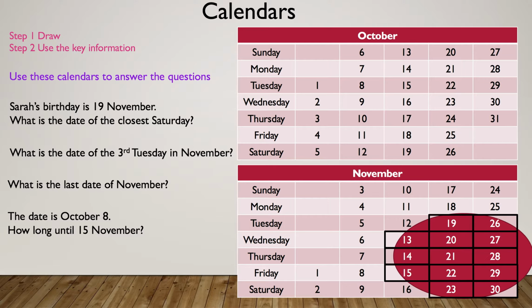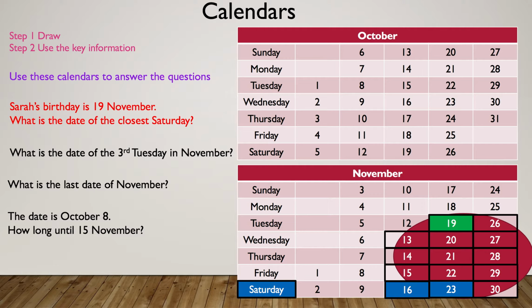Now let's take a look at the first question. Sarah's birthday is the 19th of November. What is the date of the closest Saturday? Let's highlight the 19th. Luckily for us, it's already been drawn. And then we're going to highlight Saturday. So we have a Saturday before the 19th and the Saturday after the 19th. Those are the 16th and 23rd.